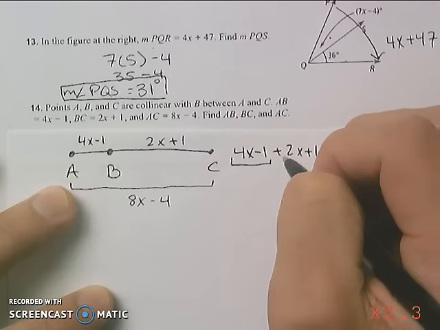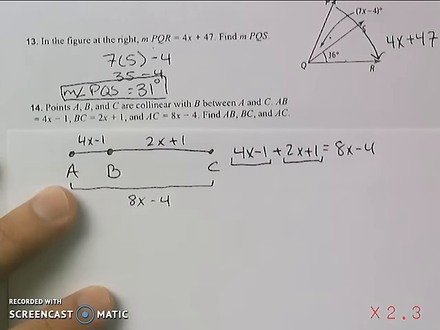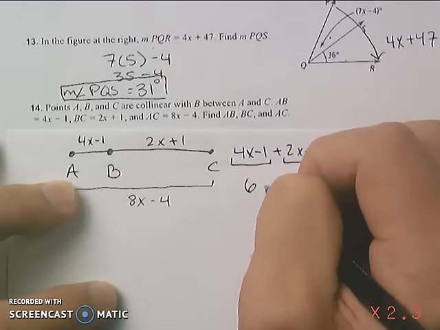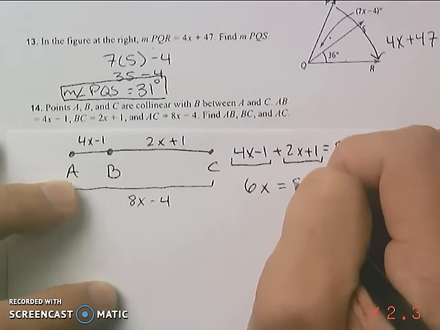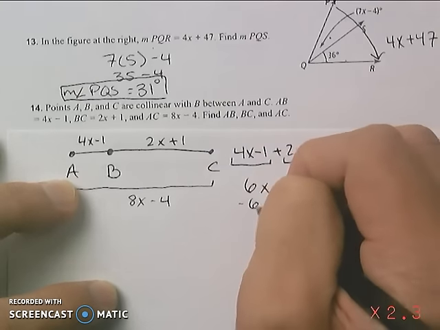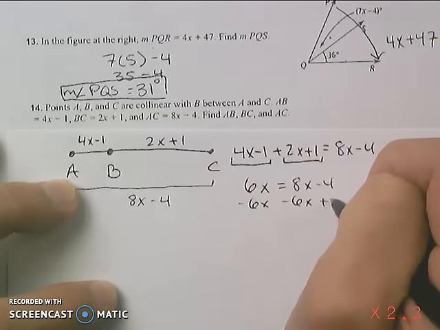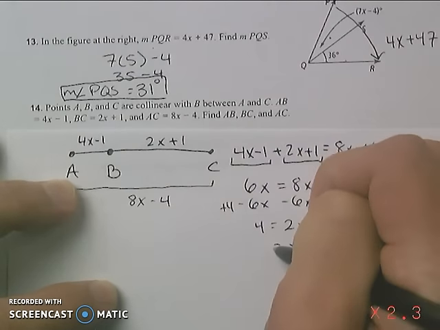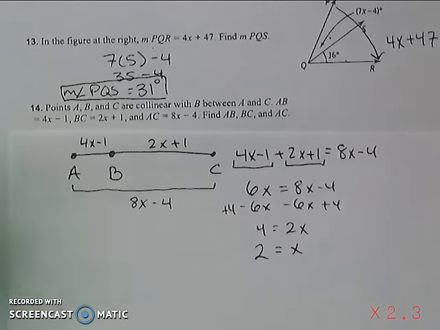Again, little piece plus little piece should equal full piece. So combine like terms. We get x equals 2.